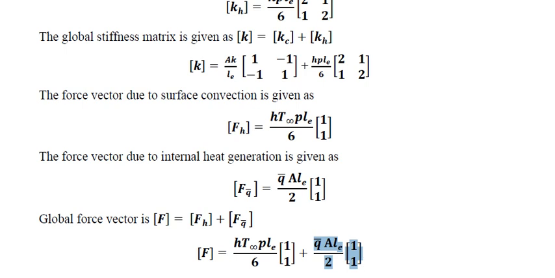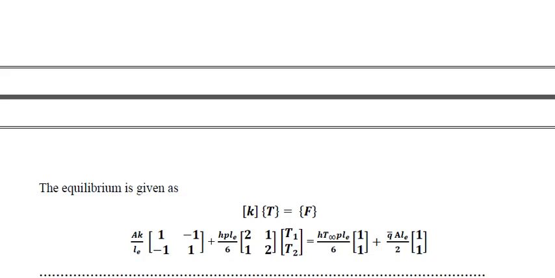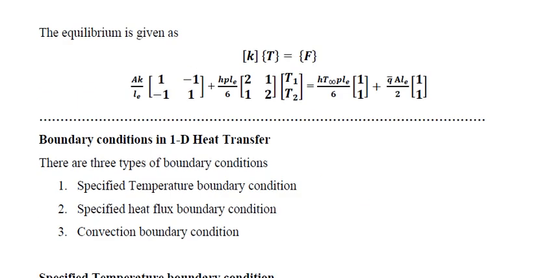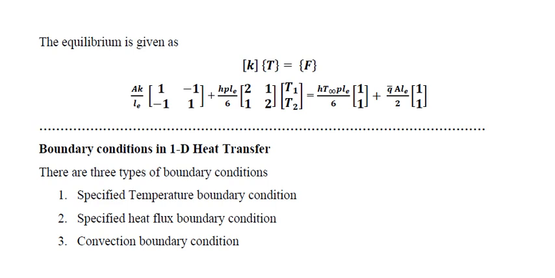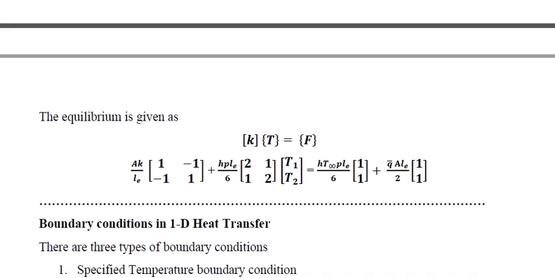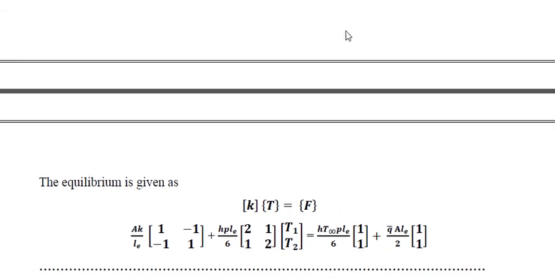Anything can be asked. So after this, the equilibrium is given as k into t is equal to f. There should be a flower bracket here, into t1 t2 is equal to h t infinity by 6.